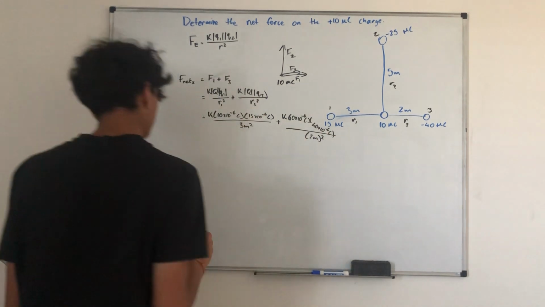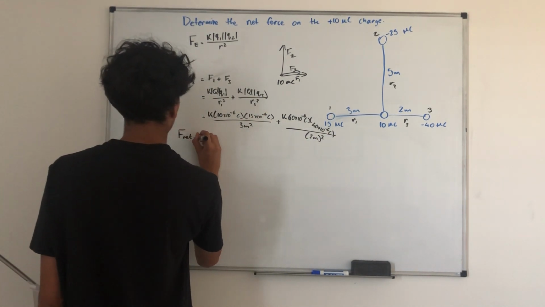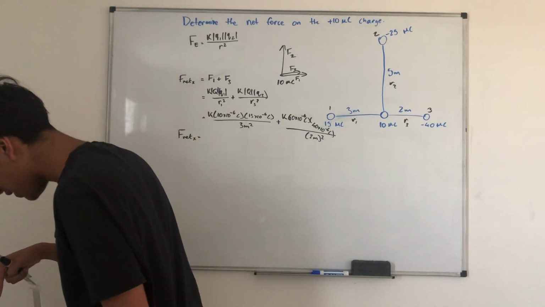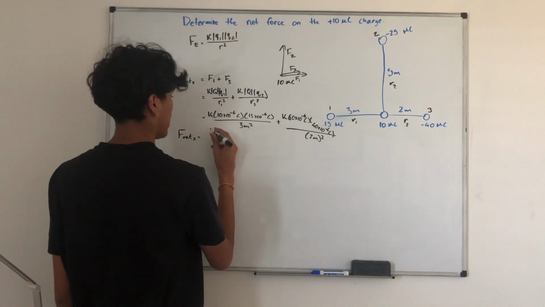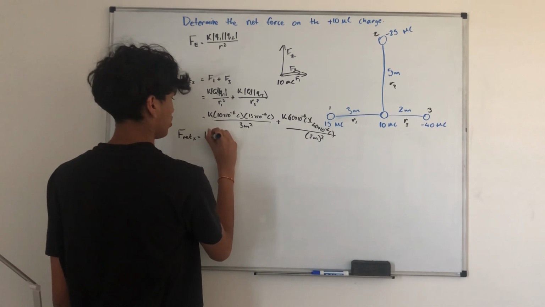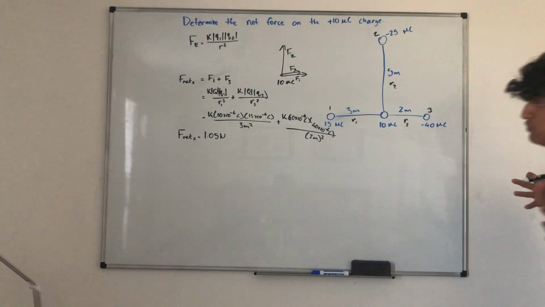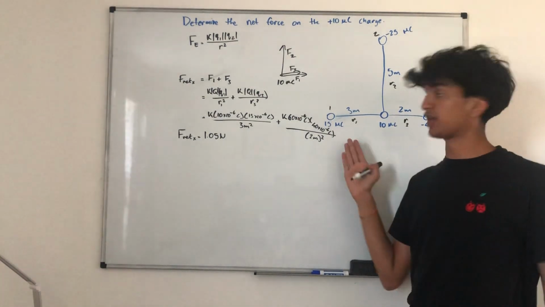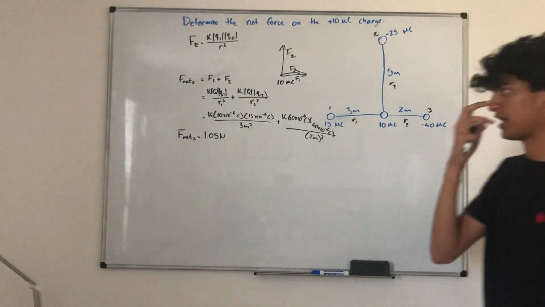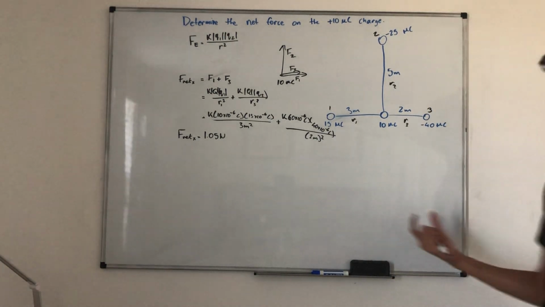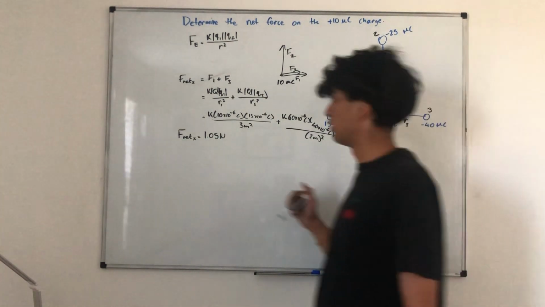You could plug it in. What did I get? I got 1.05 newtons. That might be wrong. I plugged it into my calculator, so it could have been a calculator mistake, but I'm very confident that this is how you would set it up and plug it into your calculator. So, cool. I have the x direction. Now I've got to find the y direction. So F net y.